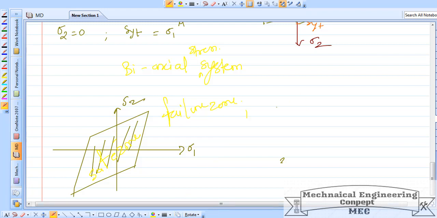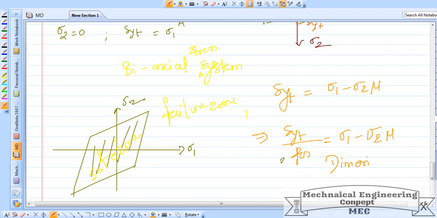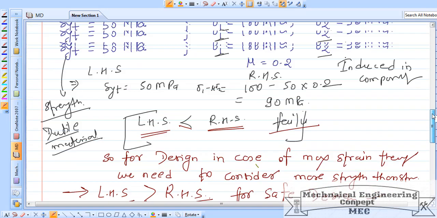Once again I am repeating the equation: SYT is equal to sigma 1 minus sigma 2 mu for understanding the failure criteria, and SYT by FOS is equal to sigma 1 minus sigma 2 mu will be the dimension calculation equation. I hope you understand the basic concept of maximum strain theory.